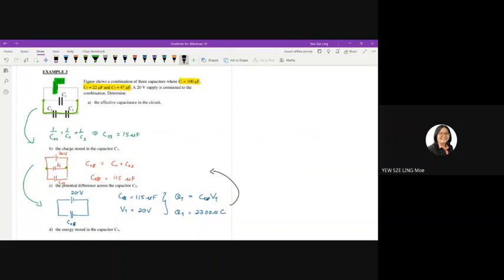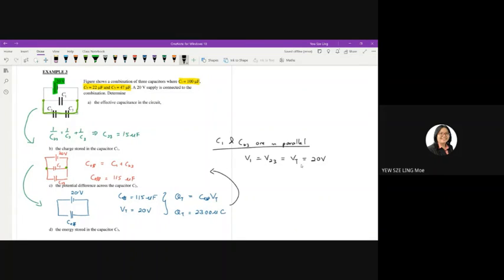In this red color diagram, the information that we have right now is that C1 and C23 are in parallel. If they are in parallel, it means that they have the same potential difference. And if you combine the two of them together, they are known as C effective. So it is equal to VT, which is equal to 20 volt.